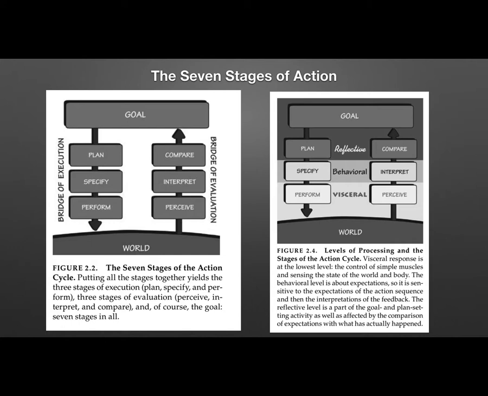These are the same things, but at these different levels. The visceral level is very low level. In the case of output, it's about actual actions that you're taking, like clicking a button or turning a knob, and in terms of perception, seeing the change that was made.